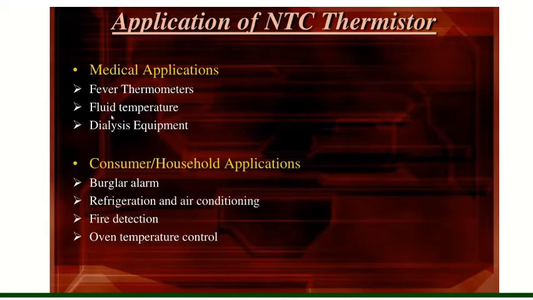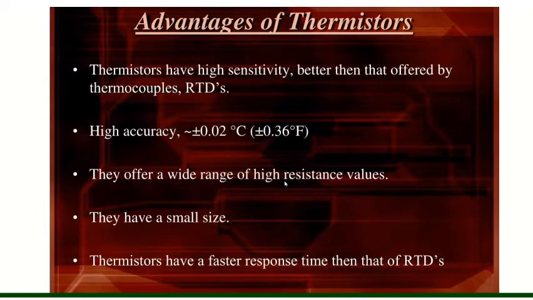In medical applications, fever thermometers, fluid temperature measurement or dialysis equipment. And in consumer or household applications, burglar alarms, refrigeration and air conditioning, fire detection, oven temperature control. So all these applications include NTC type thermistors.